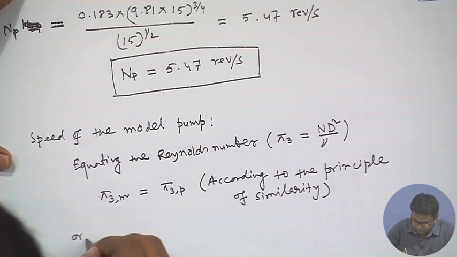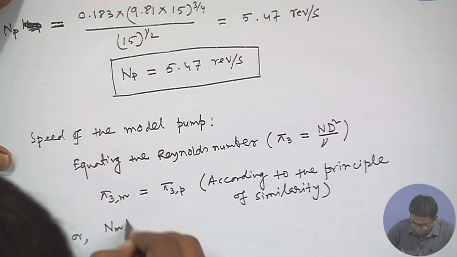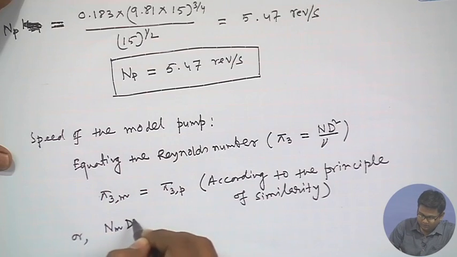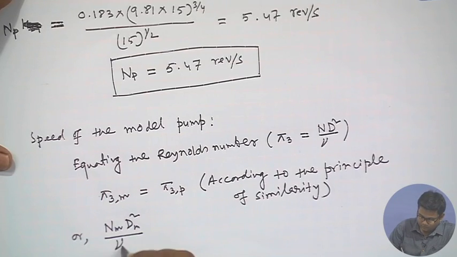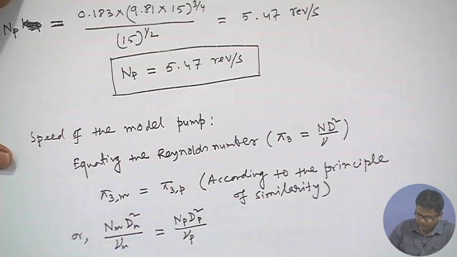Now, we substitute the expression for pi3. So, nm dm square by nu m will be equal to np dp square by nu p.